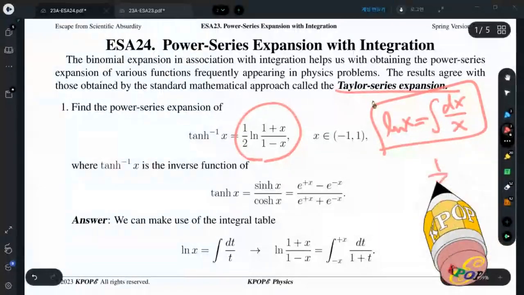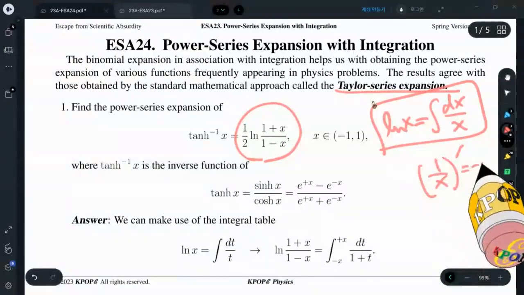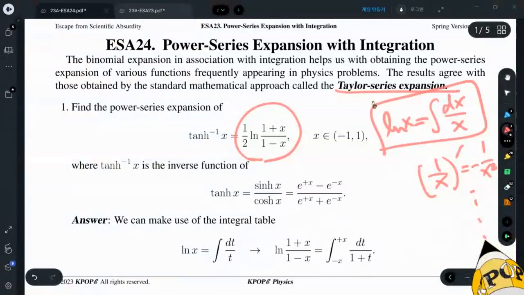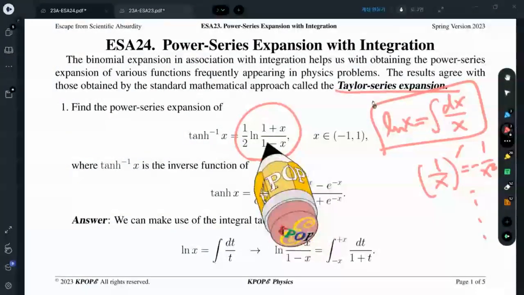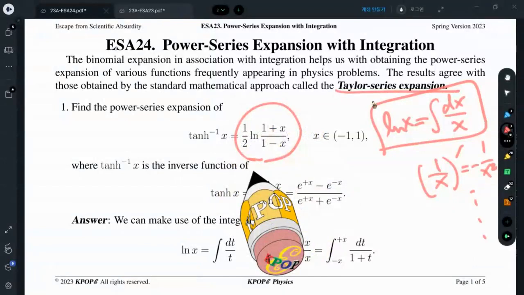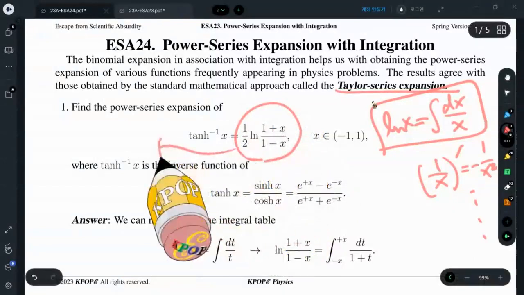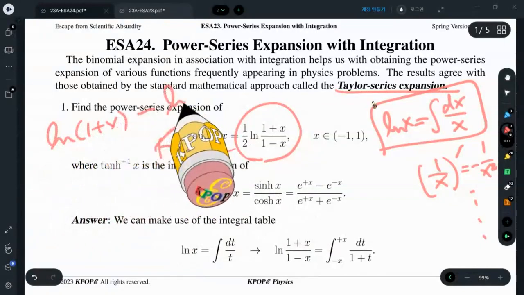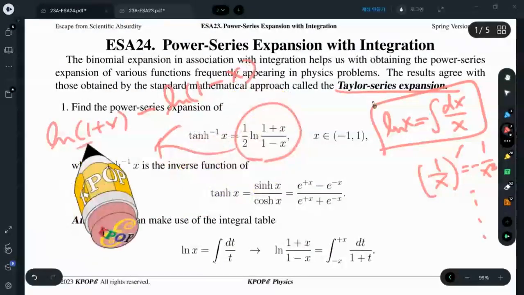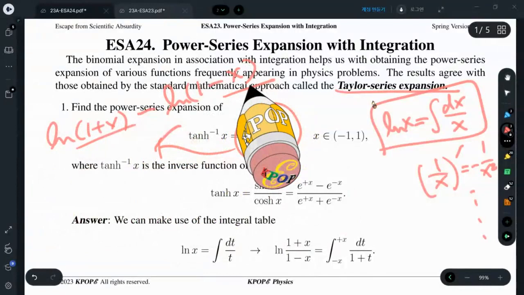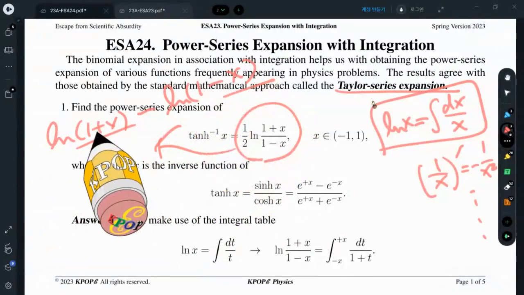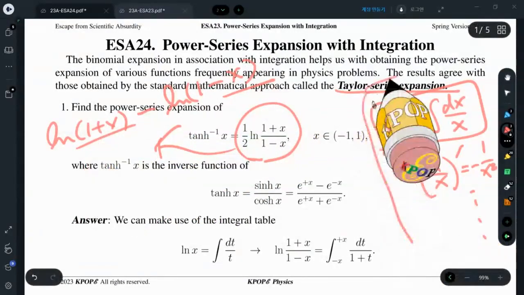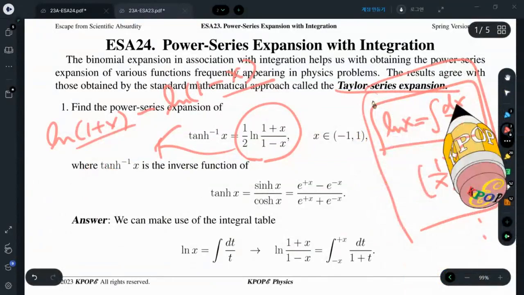And 1 over x, you can take the derivative like that and apply this one to this linear combination of these two functions. And they are all computable applying only these formulas.